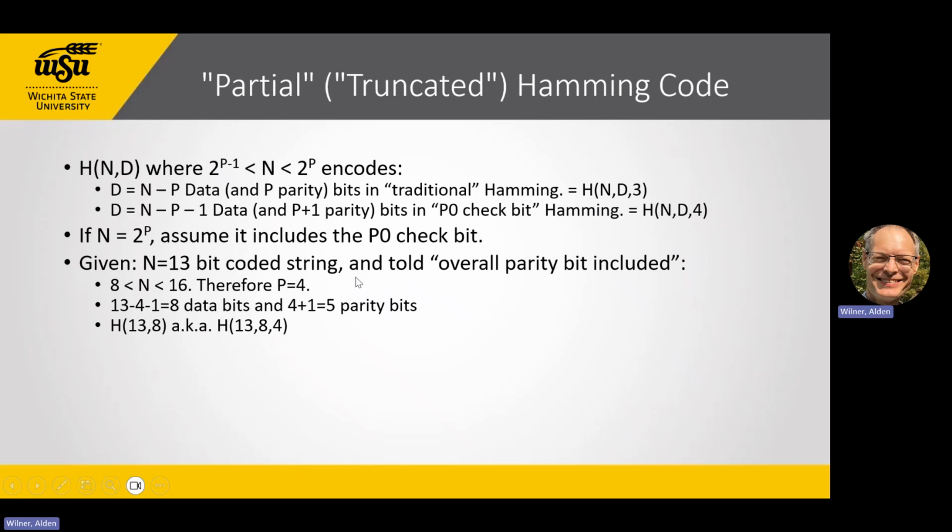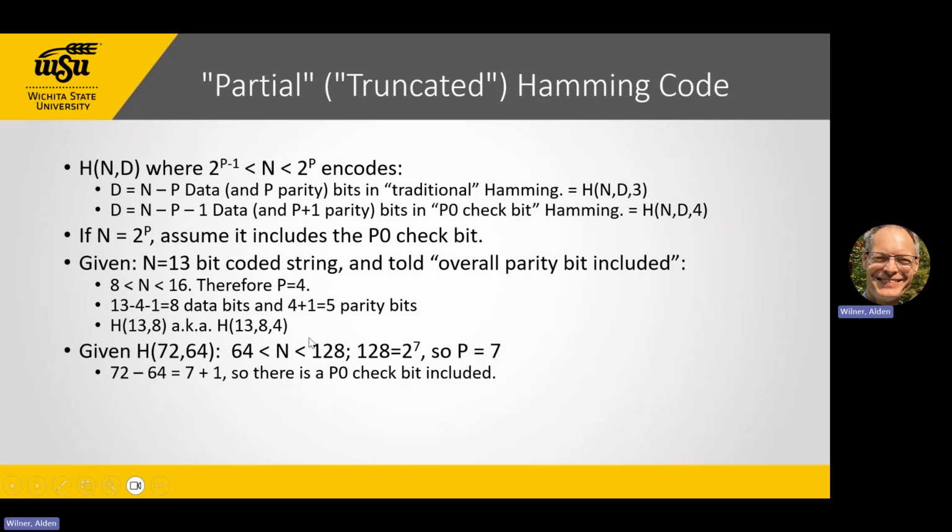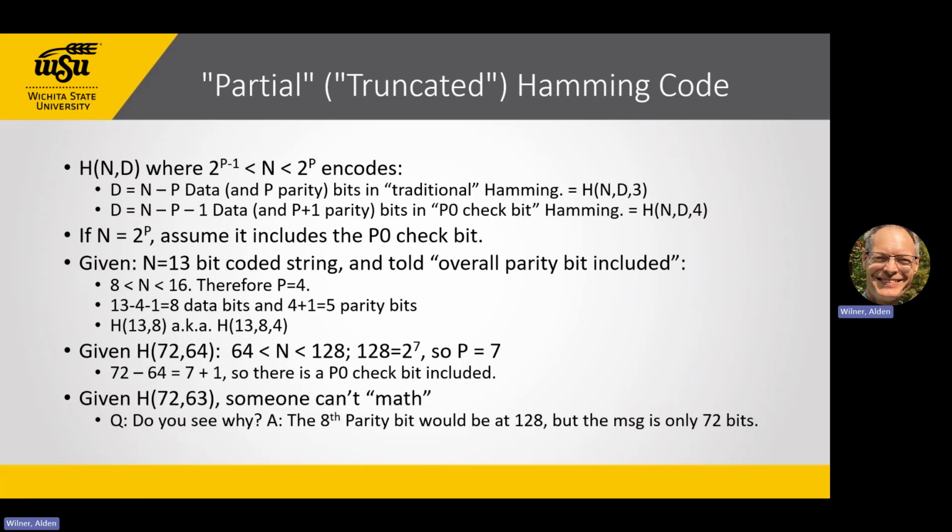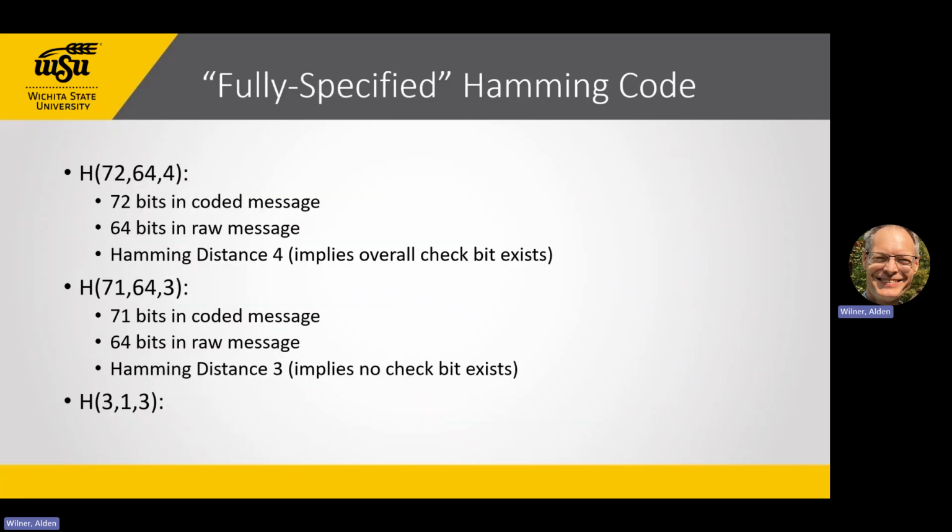If we have a bit string and we've got the overall parity bit included, we know that for 13 bits there must be at least 8 data bits. The number of parity bits is 4. We've got an overall parity bit. So that would actually be a Hamming 13,8,4 code. Not going to go into this. If someone says I'll give you a message that is coded Hamming 72,63, the numbers don't add up. I'm not going to go into the details on that because it's not that important. Well, they specified blah, blah, blah.